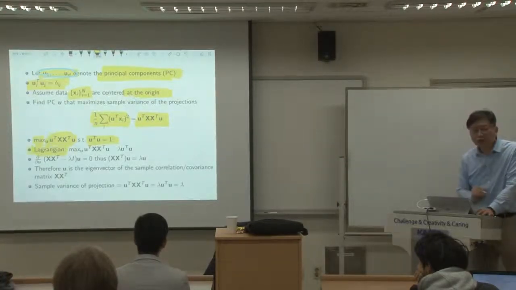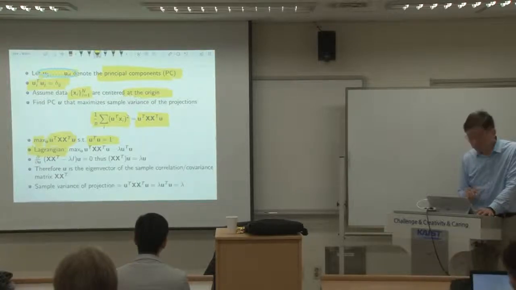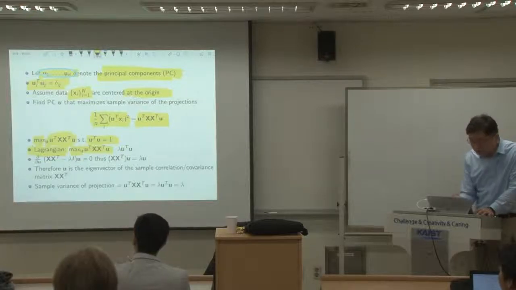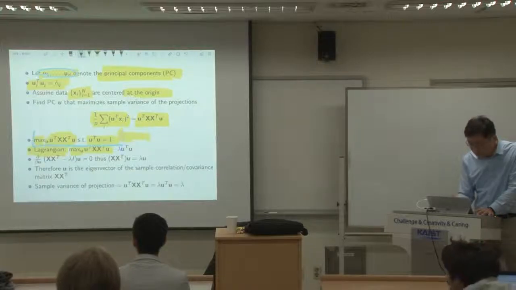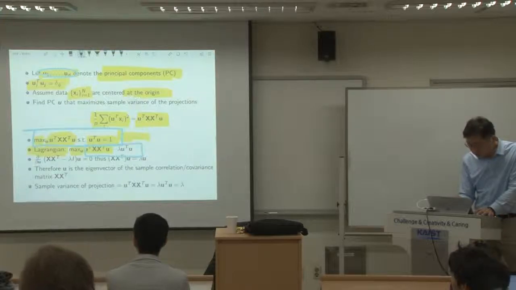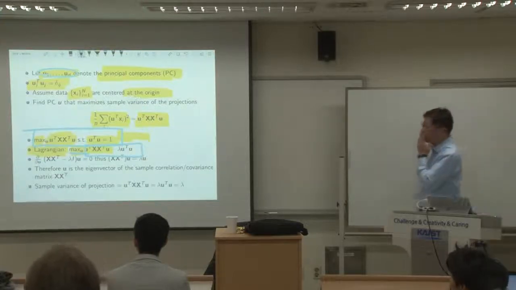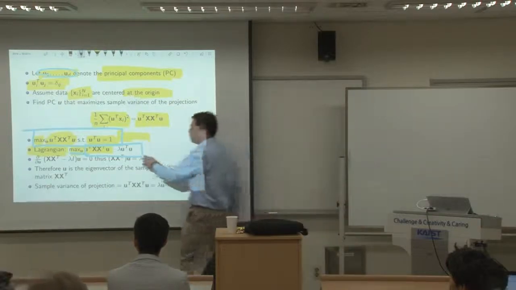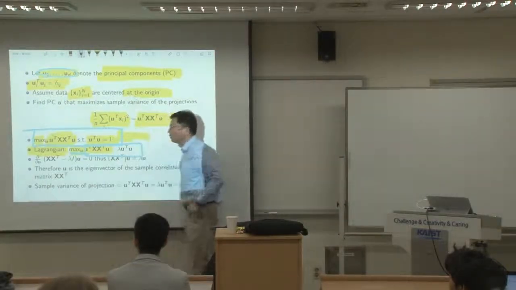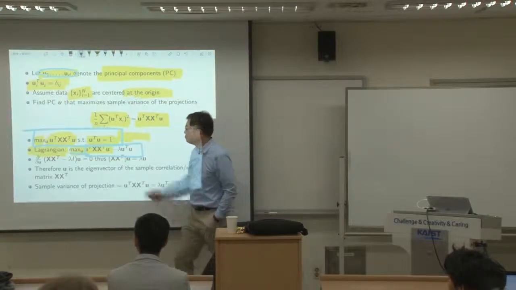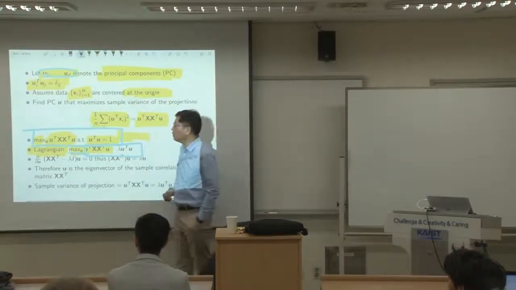You take the Lagrangian. So you want to maximize this. This statement above is the same as maximizing this statement here: this value minus lambda U. And I'm going to explain why this is so.